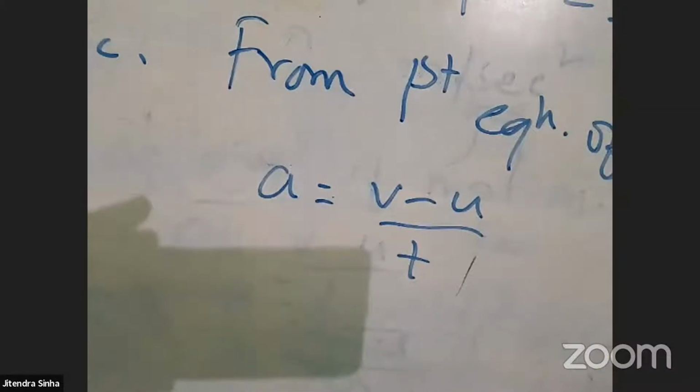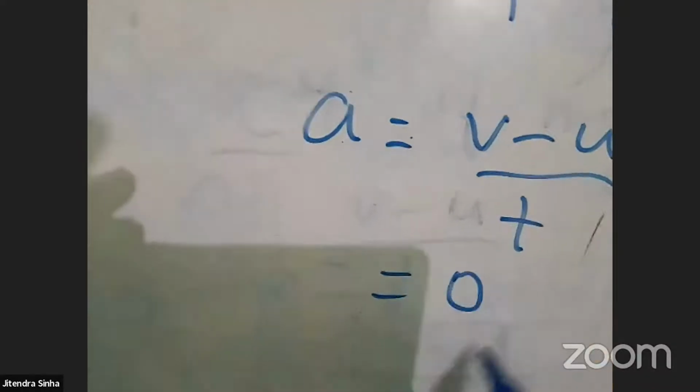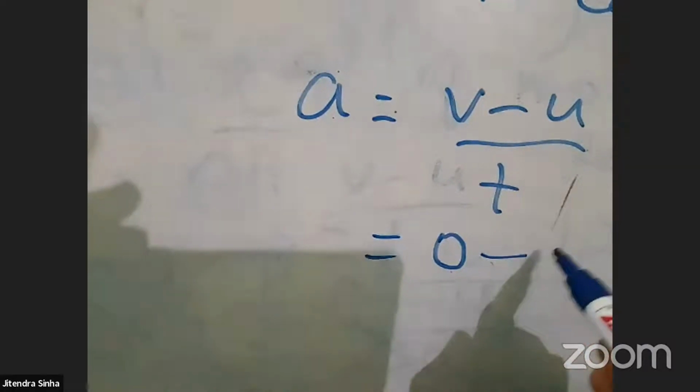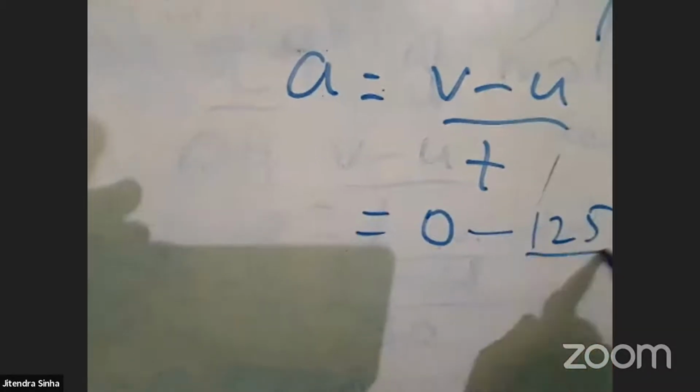ठीक है. Yes, sir. अब यहाँ पे देखो v तो तुम्हारे 0 है. Initial velocity is 125 by 9 and time period is 10 seconds. So what it comes?